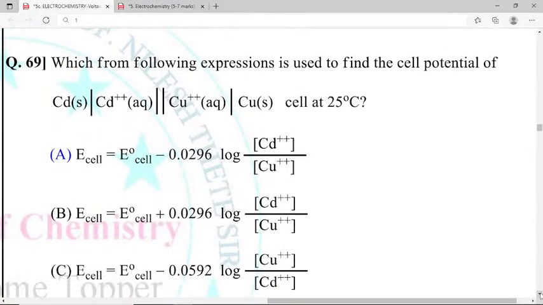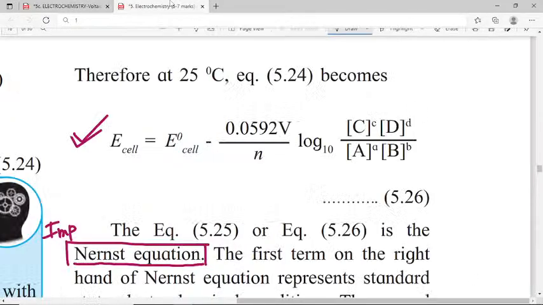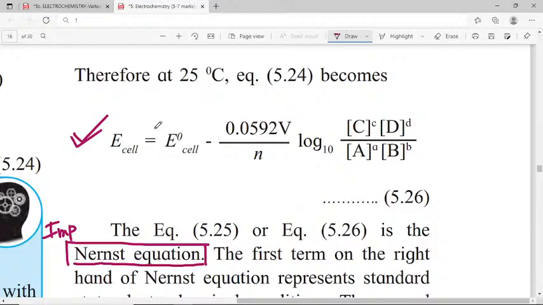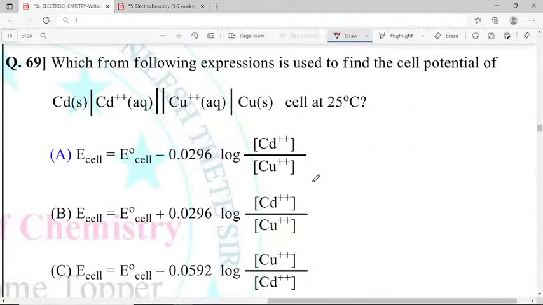Next question. Which of the following expressions is used to find the cell potential? We have to use the Nernst equation here, using E cell and E naught cell. Answer number 2.